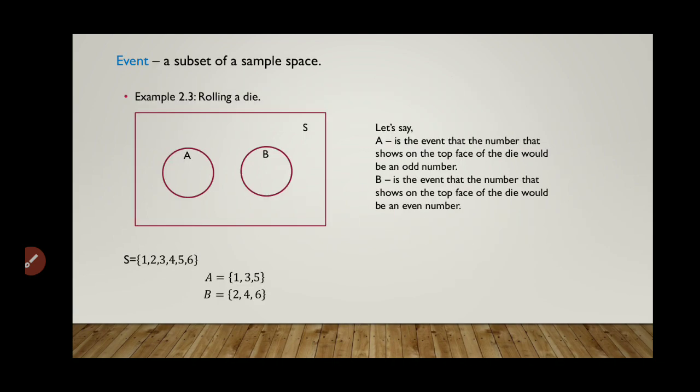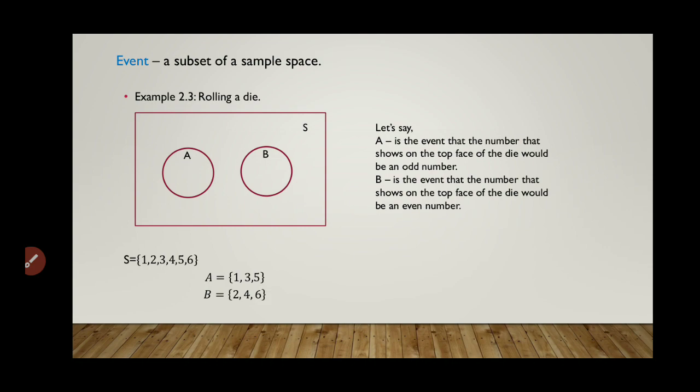And then, another term is event. Event is a subset of a sample space. Example, rolling a die ulit. Let's say, yung event A is the event that the number that shows on the top face of the die would be an odd number.